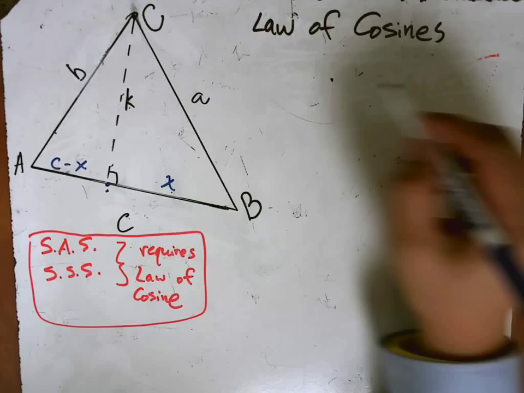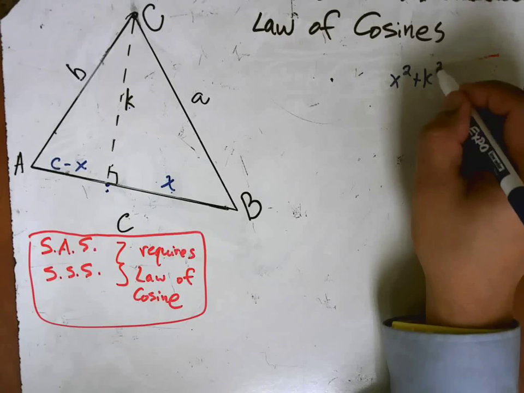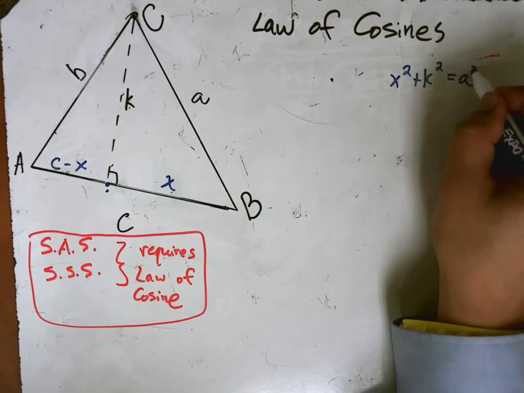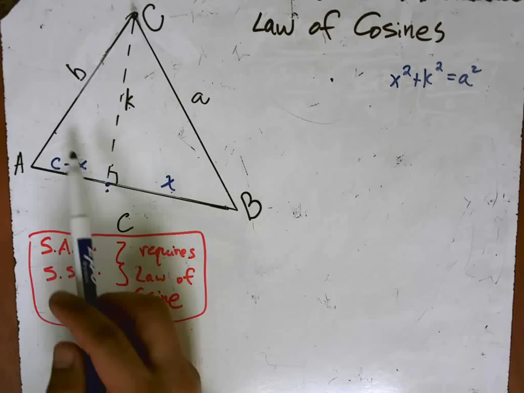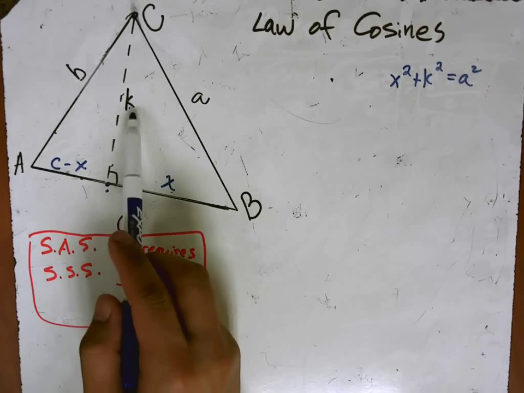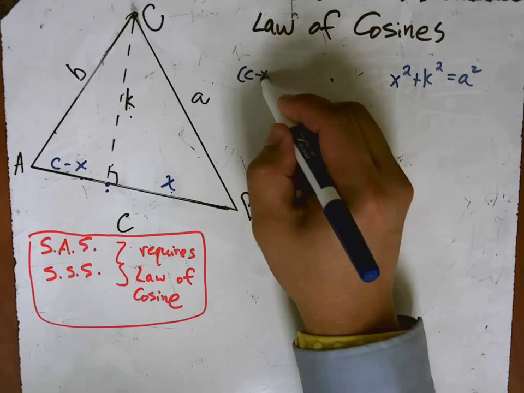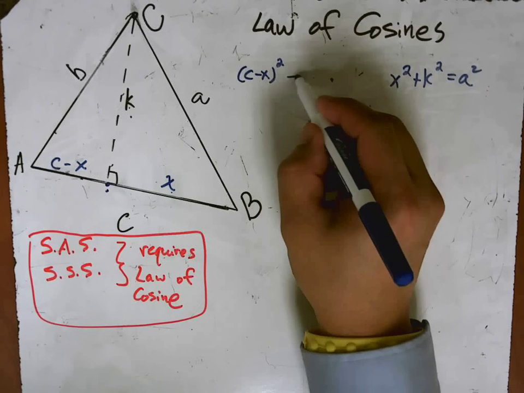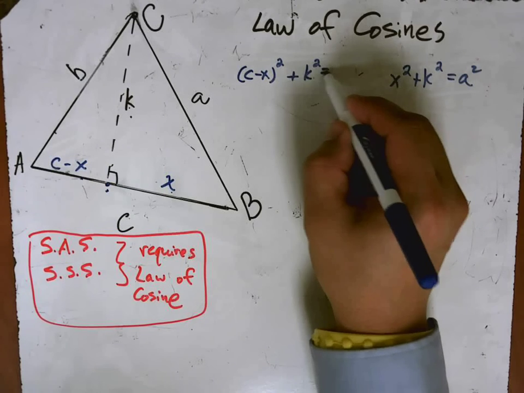I don't have enough room to write all my reasons, but I want you to note that this is the Pythagorean Theorem. On the left triangle, c minus x squared plus k squared equals b squared. You just have to be careful that c minus x is a quantity. You can't separate it.